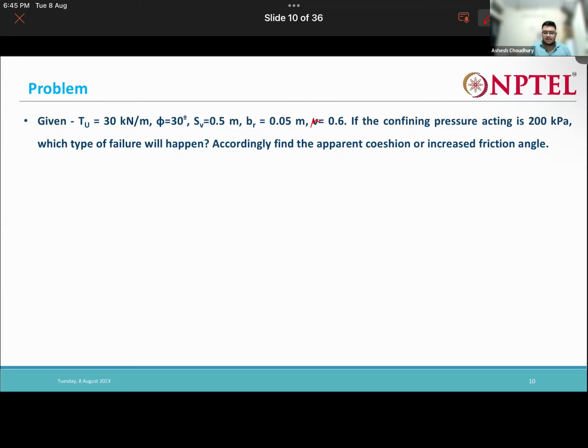If the confining pressure acting is 200 kPa, which type of failure will happen? Accordingly, find the apparent cohesion or the increased friction. First, we need to say which type of failure is going to happen. So please solve this problem.